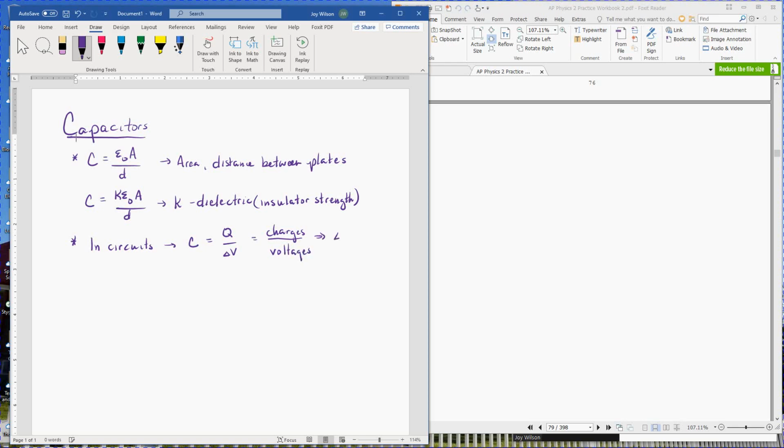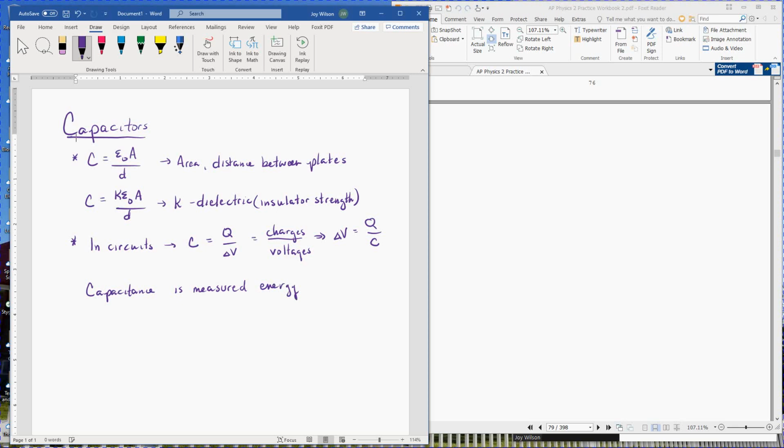And sometimes we write it as delta V equals Q over C. So let me stop and take a second to talk about that one. Remember that voltage is how much energy a charge holds. So capacitance is a measure of how much energy you can store. Capacitance is a measure of stored energy, stored electrical energy.